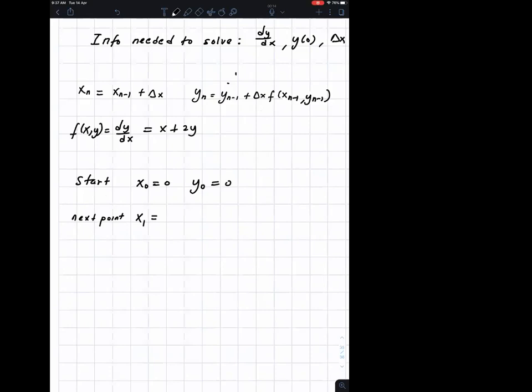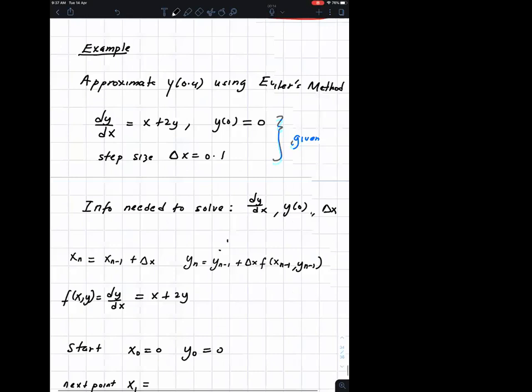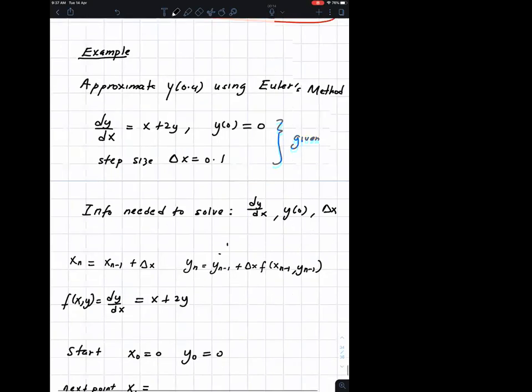Remember how you found x1? You found it by applying this formula.